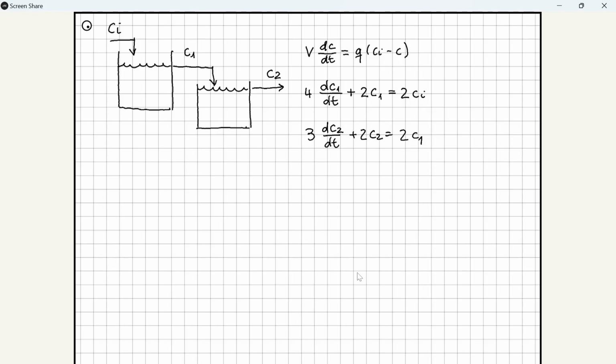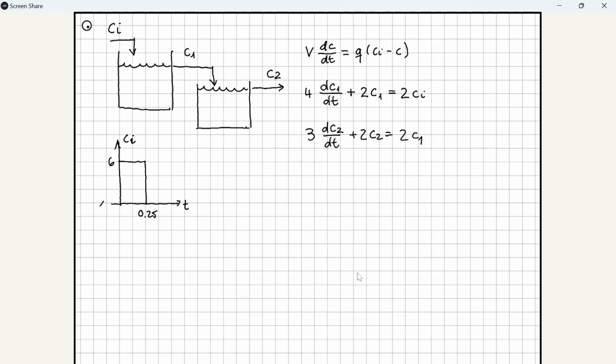So now we want to know what happens if we change the concentration. So the idea is to have a concentration, Ci, that changes for 0.25 minutes to 6.